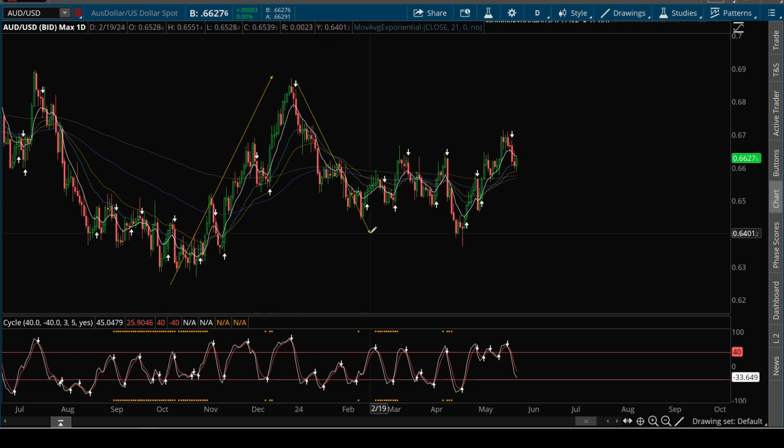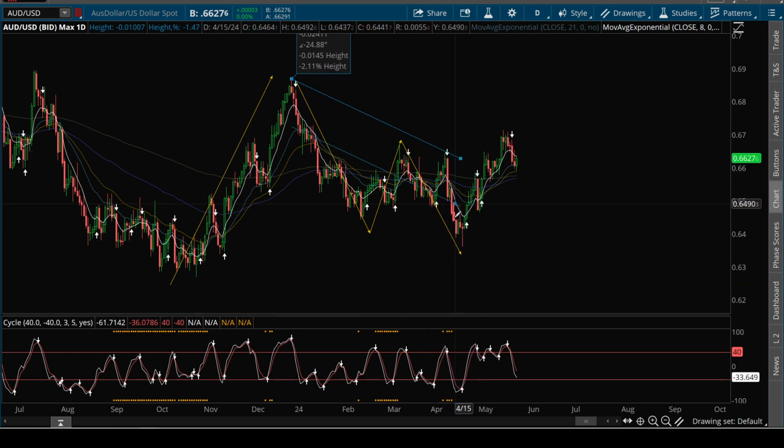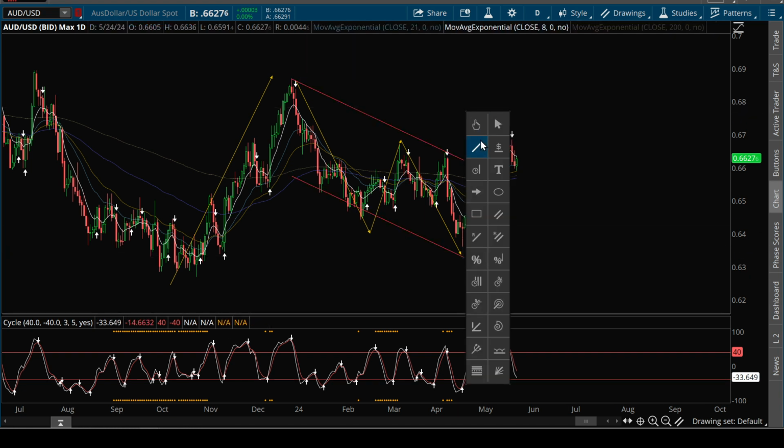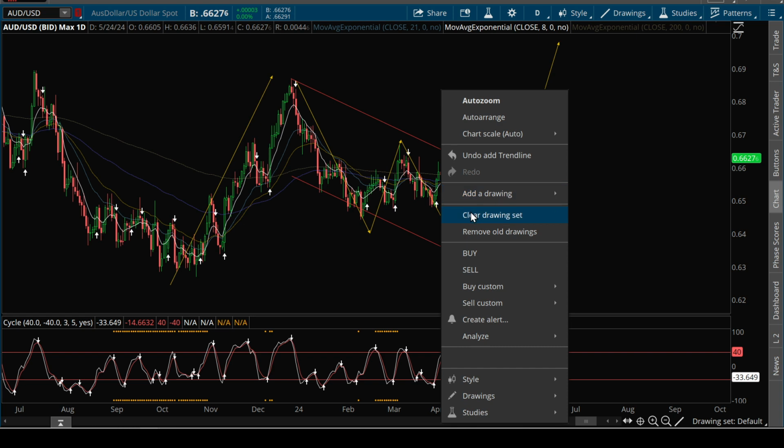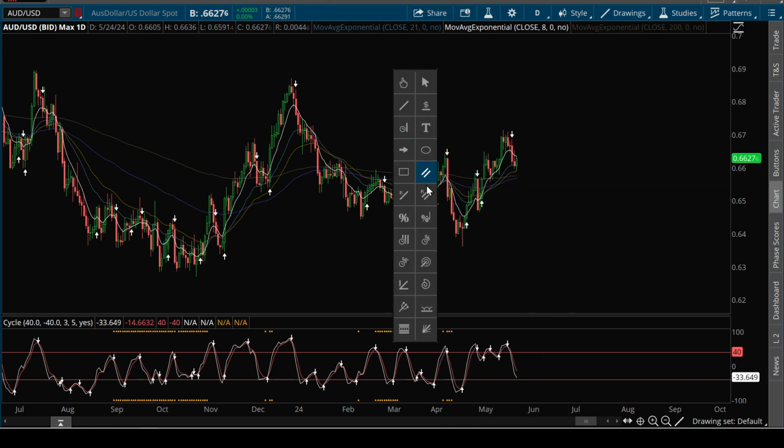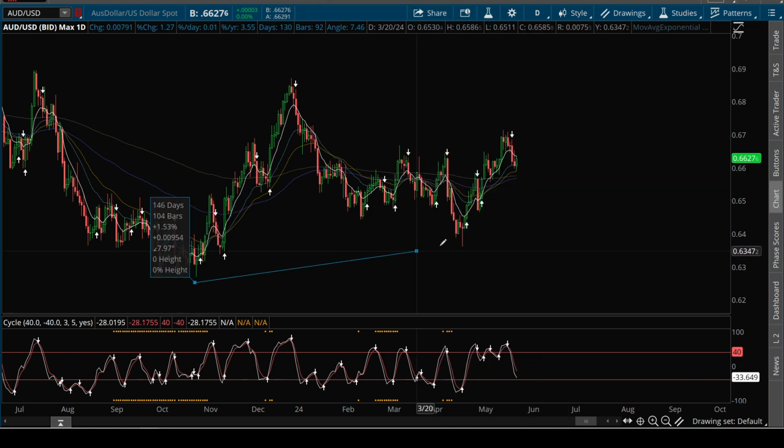You have an A, you have a B, and then you have a 3-wave structure down, C. Could this be all the correction, and we're getting ready to come retest these highs now, just making a bigger flat right here?